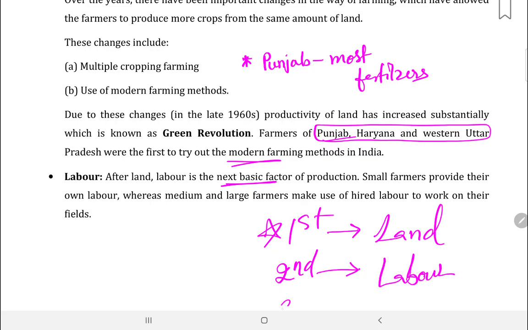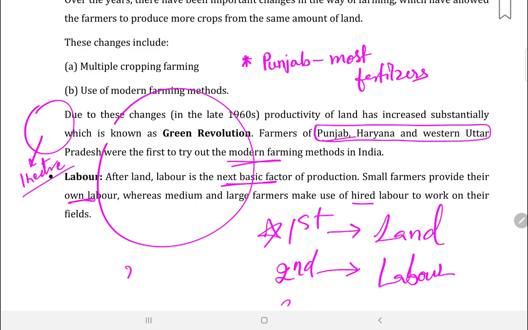And the next is machines, etc. Small farmers provide their own labor, whereas medium farmers hire labor. For example, if a small farmer has about 1 hectare of land, he himself works on the field. He doesn't need any agricultural laborers. But if there is a large farmer who has about 20 hectares of land, he hires landless people or small farmers as laborers.